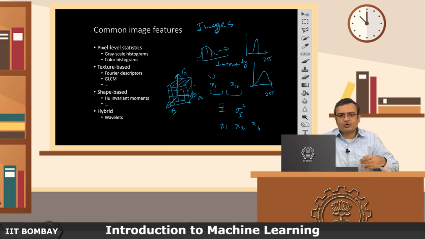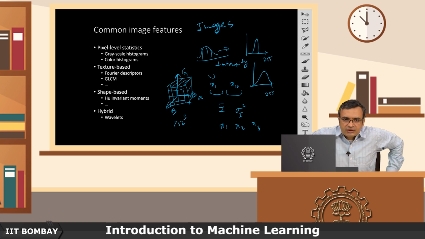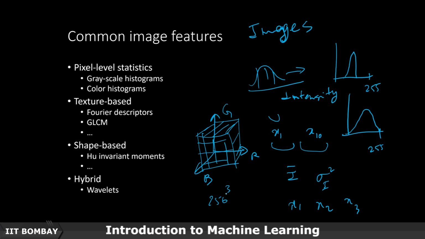So we can say that we will have 256 to the power 3 different features, and we can count each and every combination of RGB values as one feature within the pixel.